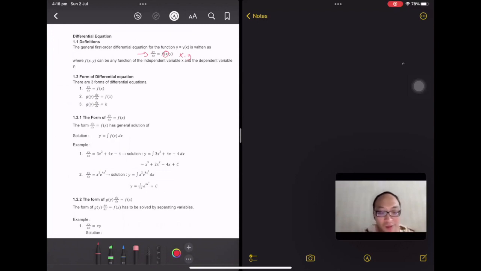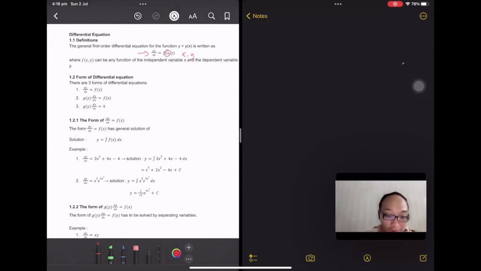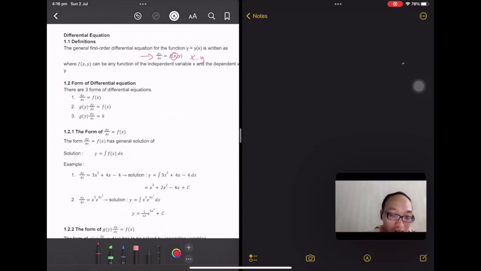The form of differential equations. We have three forms of simple differential equations. The first one is dy/dx equals a function of x. The first form is very familiar to us since we already learned about differentiation and integration. We already learned this before. That's the first one.